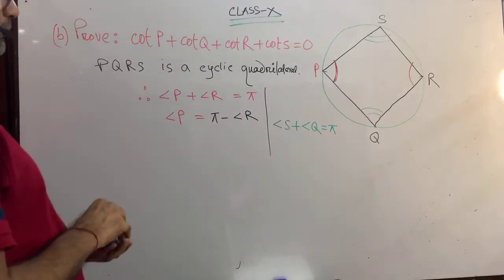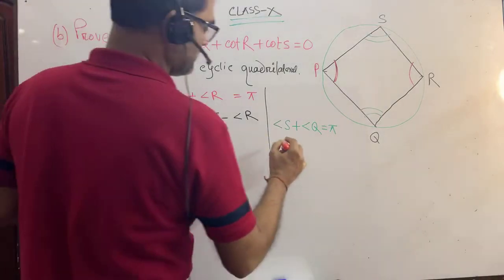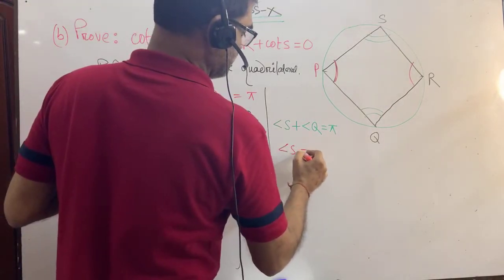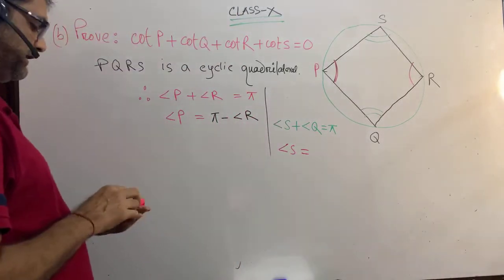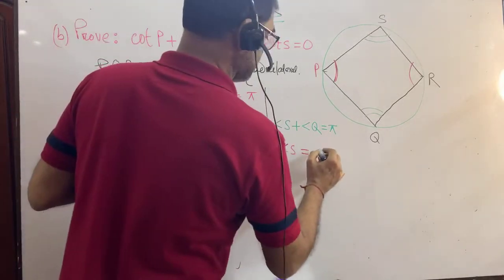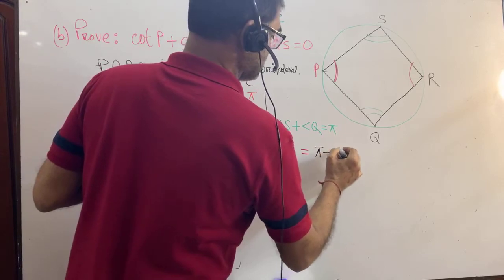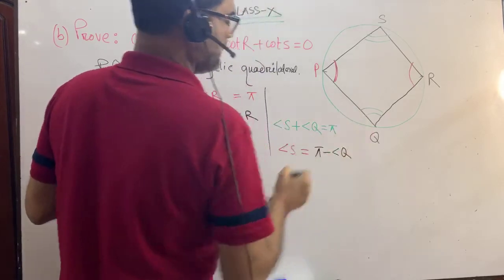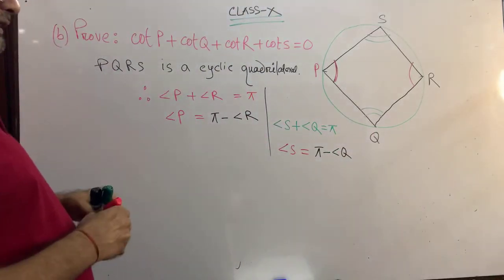Now again from here we can find angle S. We can write angle S is equal to pi minus angle Q. Okay, that's good.